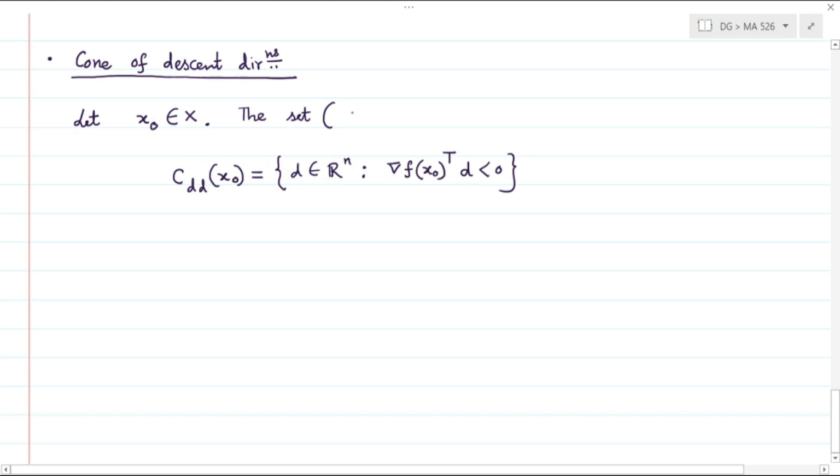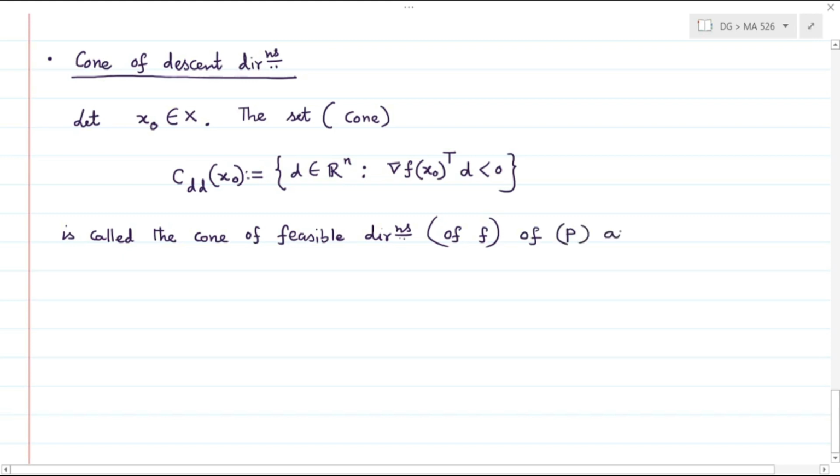Therefore this cone is called the cone of descent directions of the function f related to the problem P at the point x0. Note that the cone of descent directions does not include the null vector. The null direction is not inside the cone of descent directions.